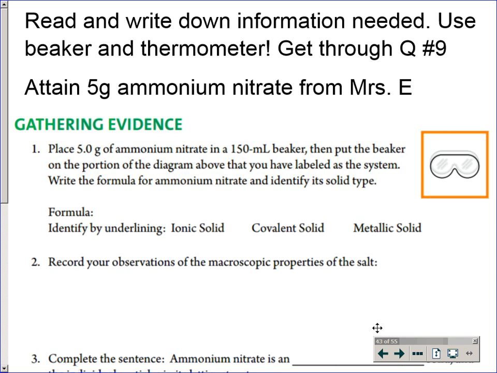Circle is the system. Yeah, you're drawing that, and then you're following instructions, and I'm giving you.